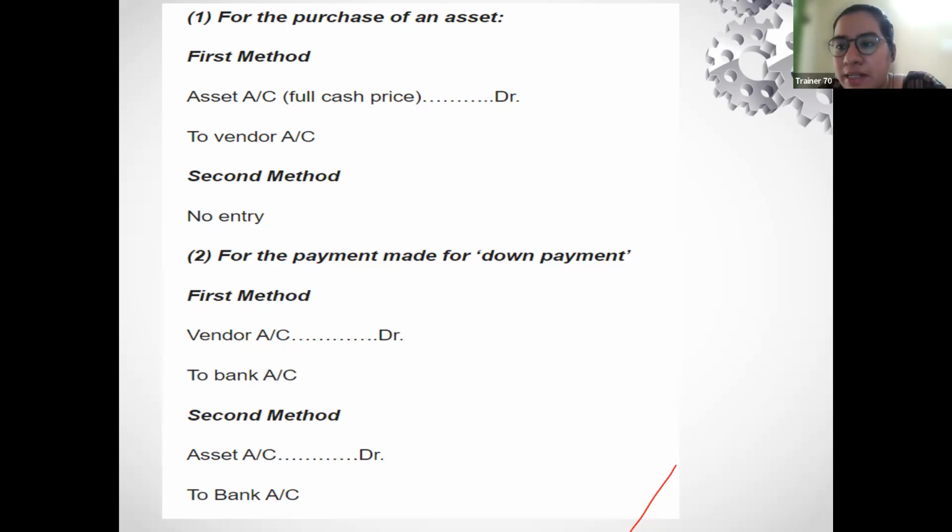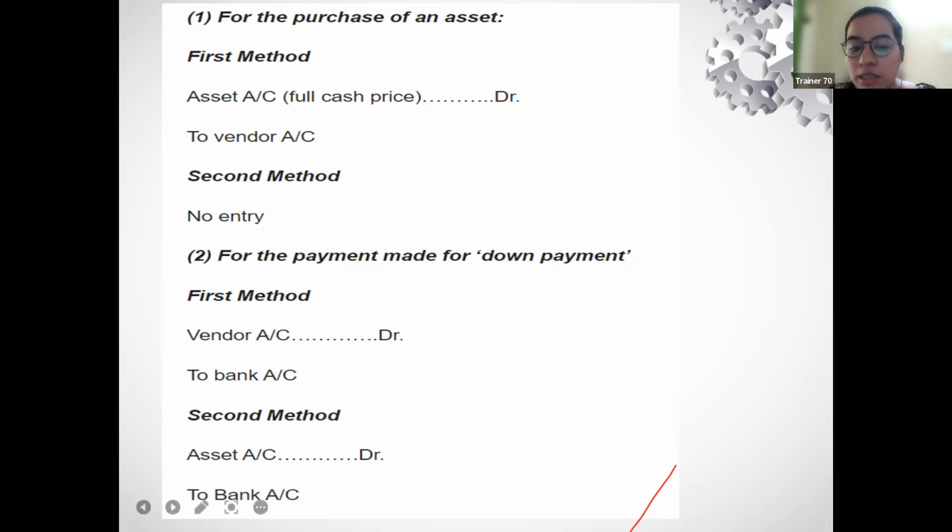You will start paying in installments, so you don't have to pass any entry if you are following the second method, that is, recording at the actual price paid. First method, total price. Second method, what you actually pay. So under the first method, you will pass the journal entry, but under the second method, there will be no journal entry.